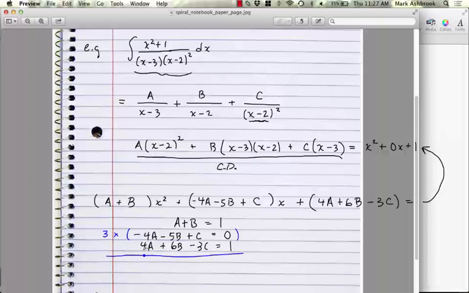So negative 12a and 4a, negative 8a. Negative 15b and 6b, minus 9b. Positive 3c and negative 3c, 0, that's what we wanted. And then 3 times 0 plus 1, 1. Now I can combine these two.